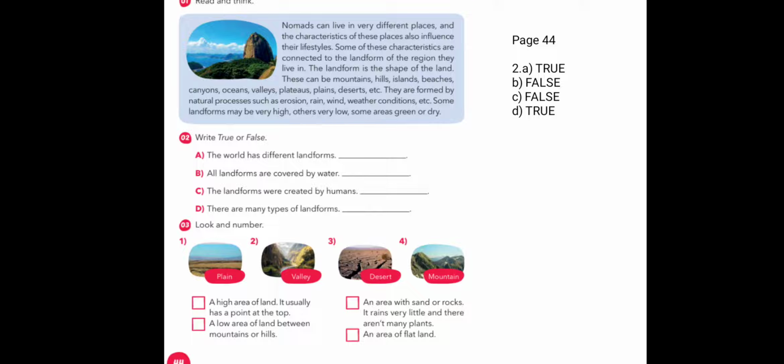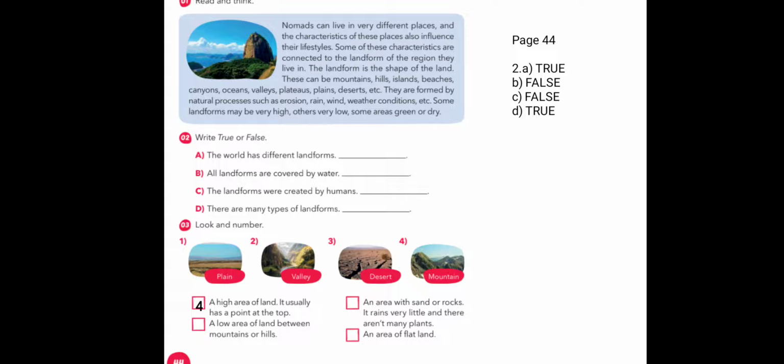Exercise 3. We have to number the characteristics with the words: 1. Plain, 2. Valley, 3. Desert, and 4. Mountain. So let's go. A high area of land, it usually has a point at the top. Number 4. Mountain.